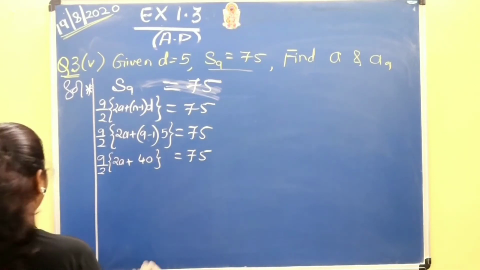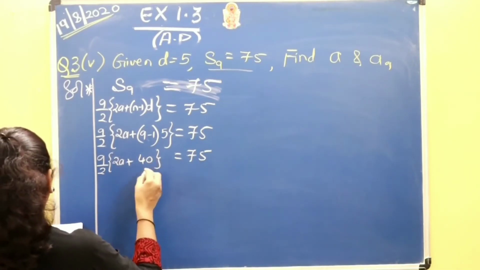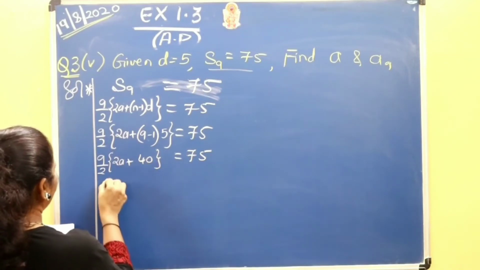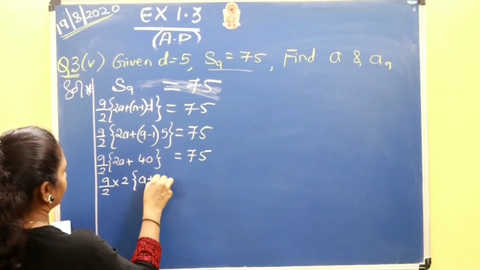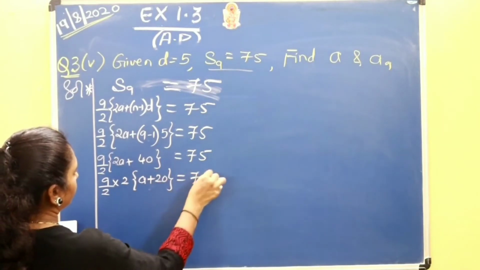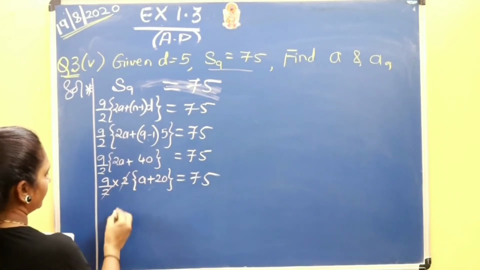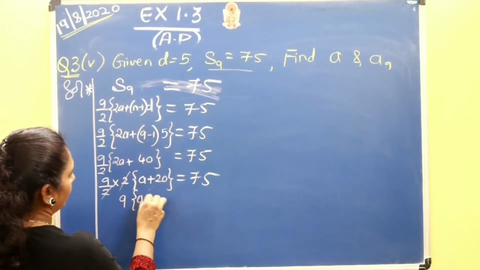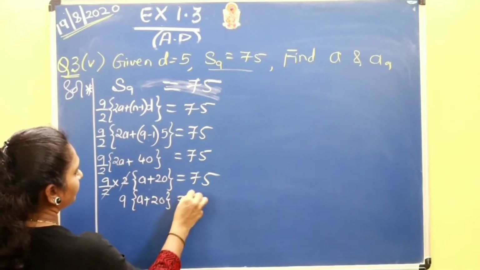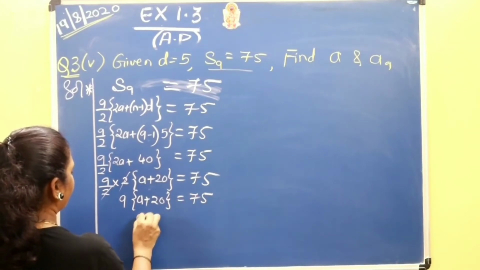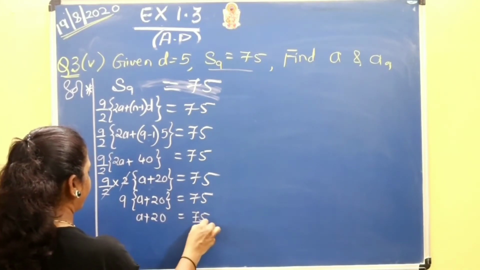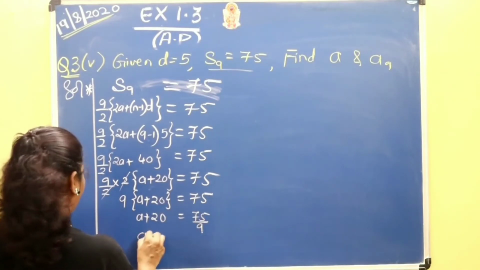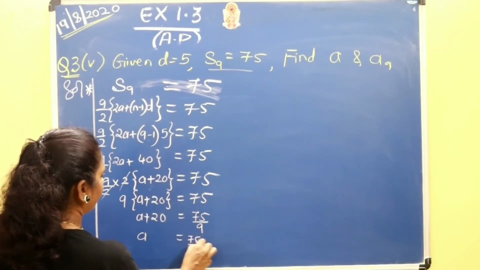If you take 2 common, you will get a plus 20 within the bracket. So these 2 we can cancel. 9 into a plus 20 will give you 75. A plus 20 will give you 75 by 9. So a is equal to 75 by 9 minus 20 by 1.